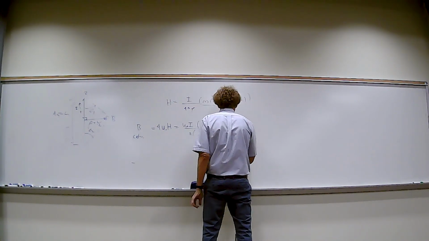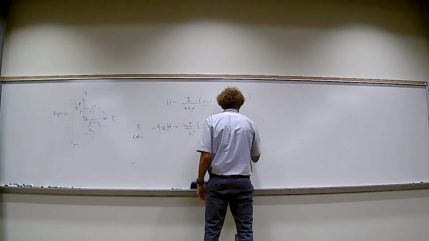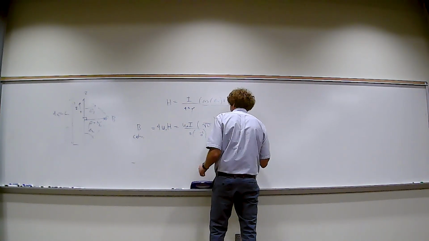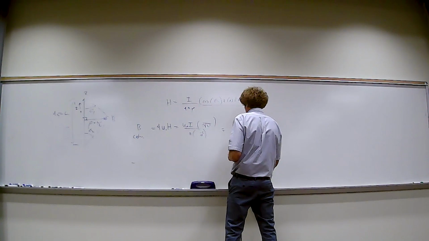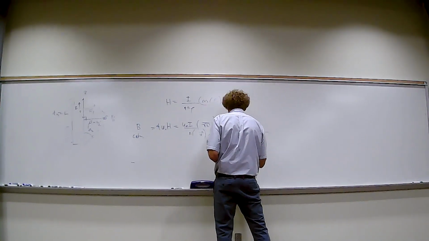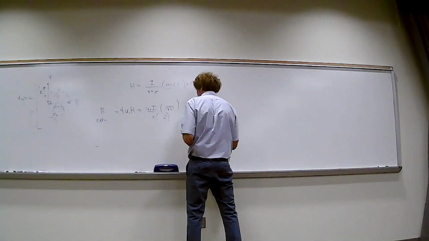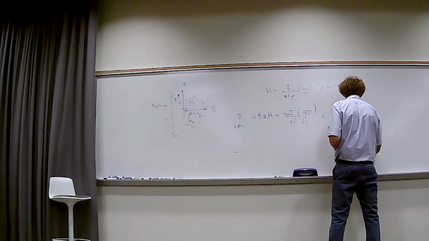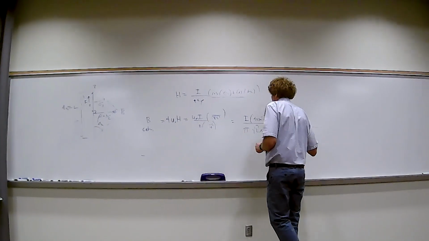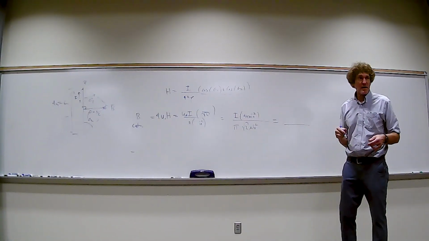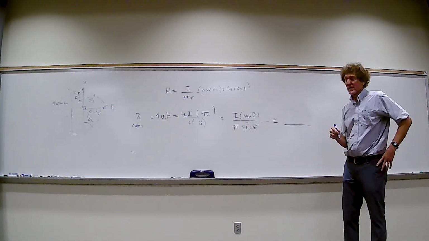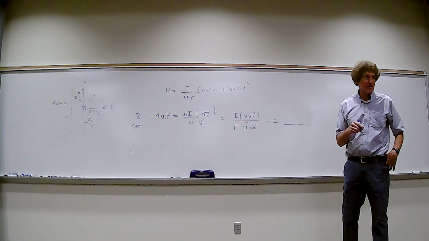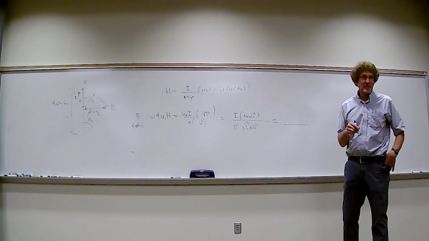This is going to be I mu naught, which is really 4 pi times 10 to the minus 7, on top, and it's divided by pi, and square root of 2 times 10 to the minus 2. I forgot what I got. It was like 0.46. Go ahead and run the math on that. Tell me what you get for the B field. Anybody have a calculator? Just give it a shot.